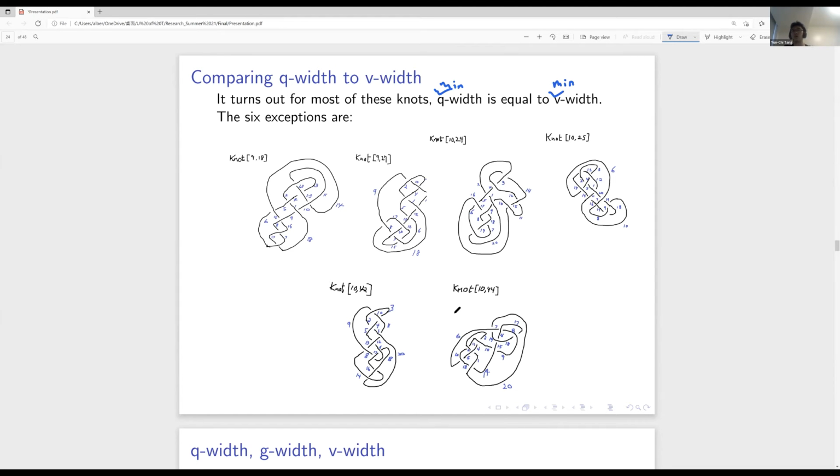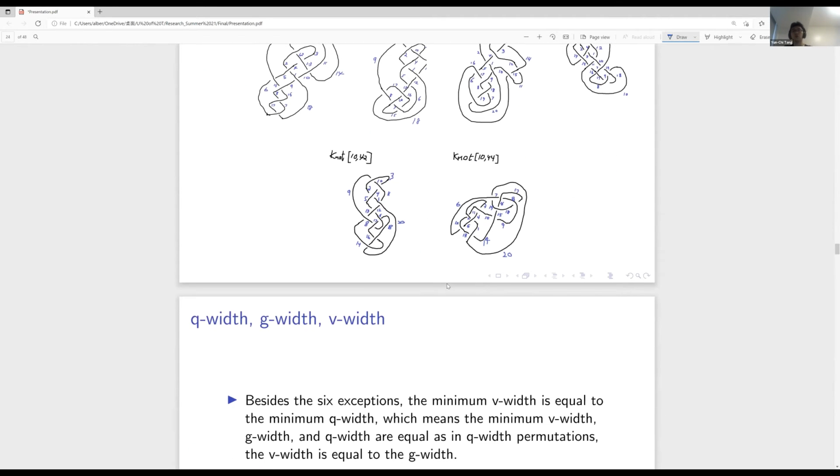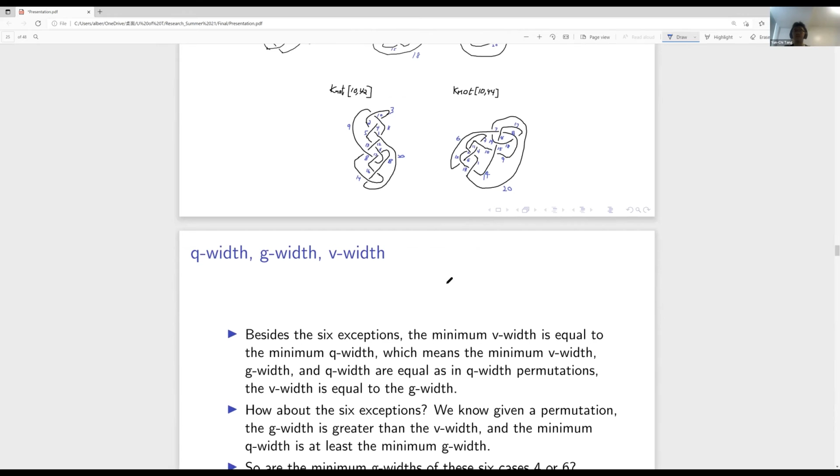Now we want to know what the minimum quick width permutation, so the knot diagram we draw, is going to look like. So we're going to try and relate it back to the minimum graphical width. So how does that relate? Well, we know that in a quick width permutation, the virtual width of the permutation is going to be equal to the graphical width.